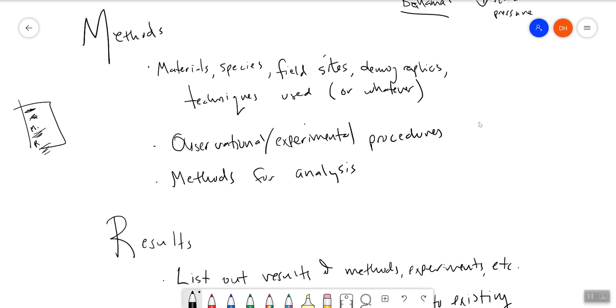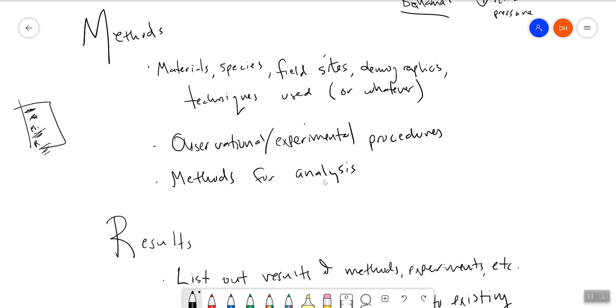But sometimes observational experimental procedures are important, especially with lab work, like if you're doing genetics or something, if you're using CRISPR, if you are introducing potentially new experimental procedures for analyzing chemical interactions between drugs and the body or whatever.